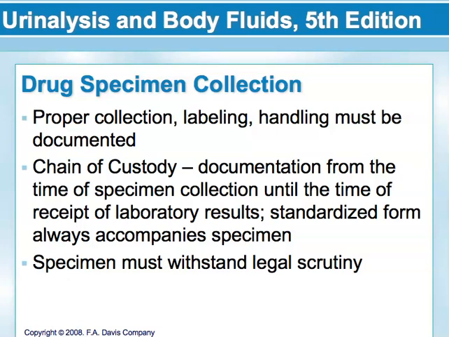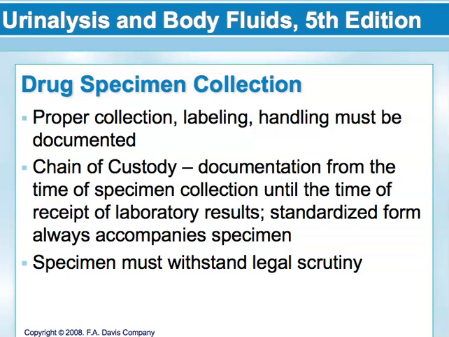So if a patient were to come into the ER with, say, a diagnosis of altered mental status, the doctor's probably going to order a urine drug screen. In that situation, chain of custody is not required. If a patient hurts themselves on the job, and this is going to be, say, a matter of workers' compensation, that's something where the employer is going to want to make sure that all of that chain of custody was followed before they pay out benefits.